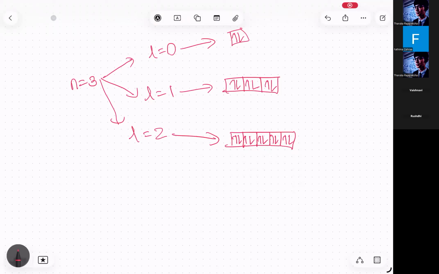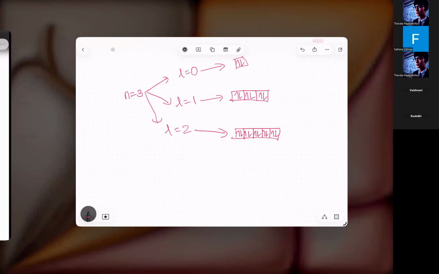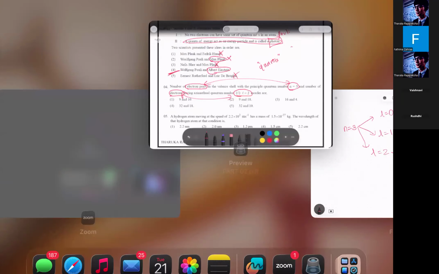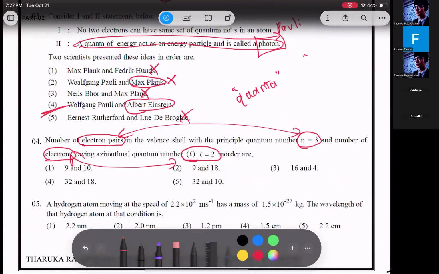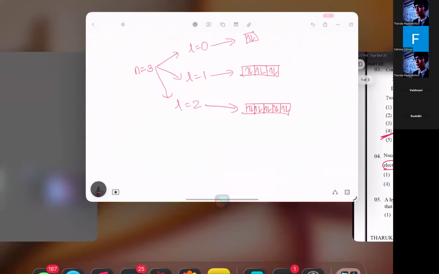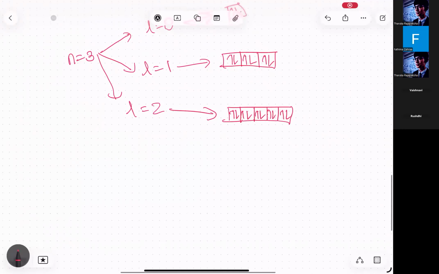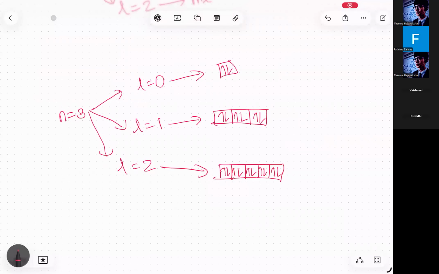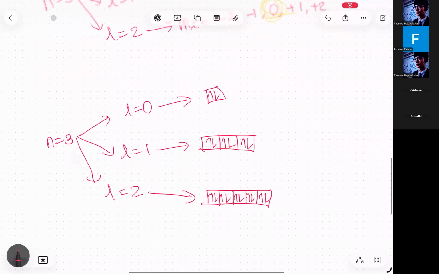They're asking how many electron pairs can be there when n equals 3. The number of electron pairs in the valence shell with principal quantum number n equals 3. Okay, n equals 3 is the last valence shell, so all these 3 are there.